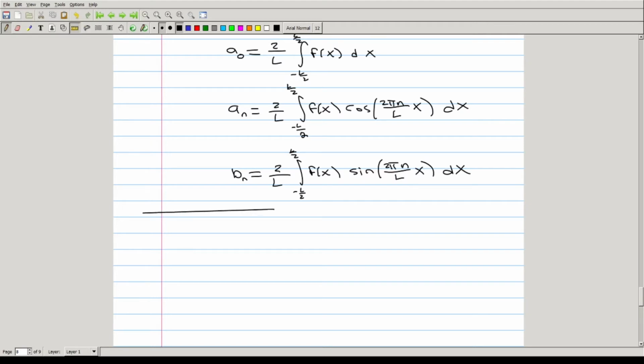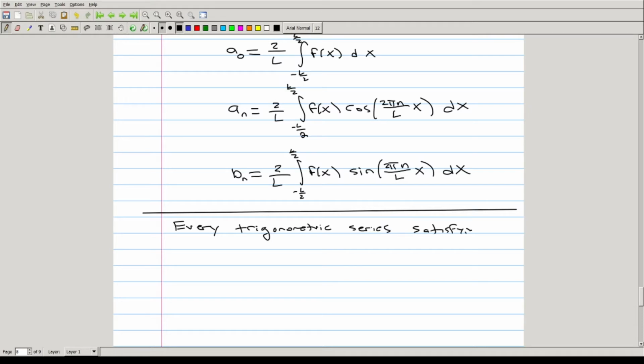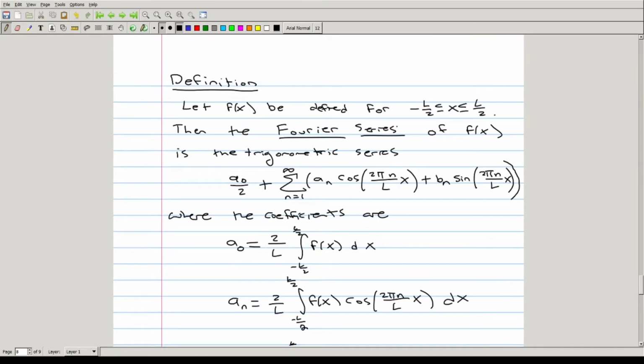And what we'll see is that every trigonometric series satisfying reasonable convergence conditions is a Fourier series. And we'll denote Fourier series as Fs for short.